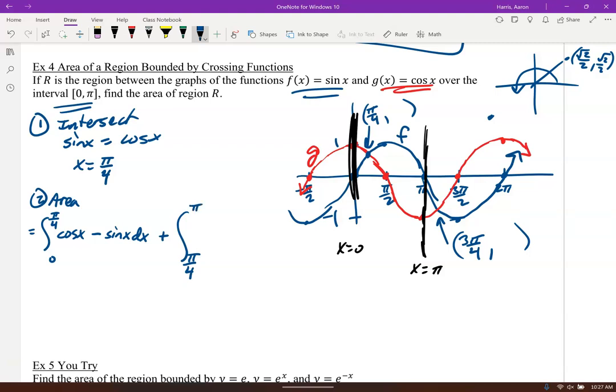Pi, yeah, we're just bounded to pi. Okay. And now on that one, now the sine's on top, cosine's on the bottom. Okay, so this is our red area. This is the red one. Let's do the green over here up until pi. This is the green. So we got to add those two areas together, the red and the green.